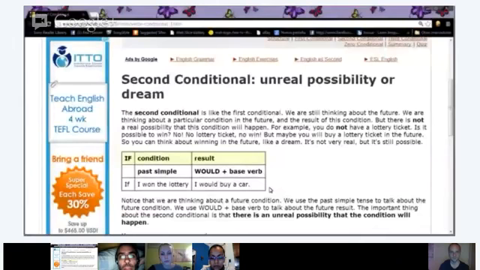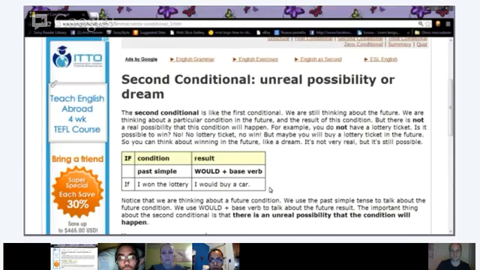No. Lottery ticket, no win. But maybe you will buy a lottery ticket in the future. So you can think about winning in the future, like a dream. It's not very real, but it is still possible. If condition, result: past simple, would plus a base verb. If I won the lottery, I would buy a car.